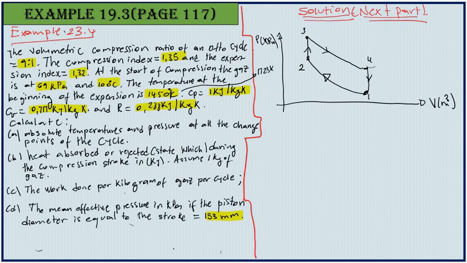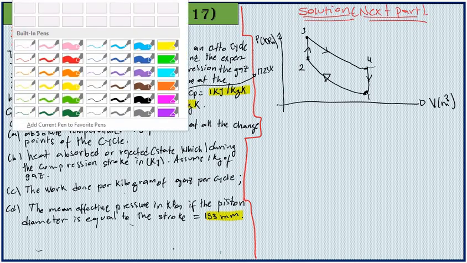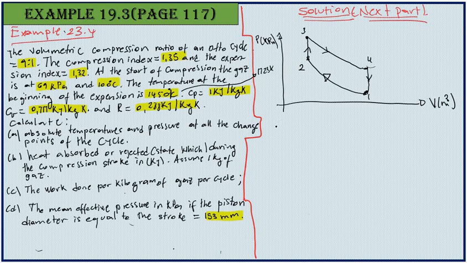To determine the heat absorbed or rejected, it is always convenient to write the expression of the first law of thermodynamics. So the first law states that Q is equal to the change in internal energy plus the work done.